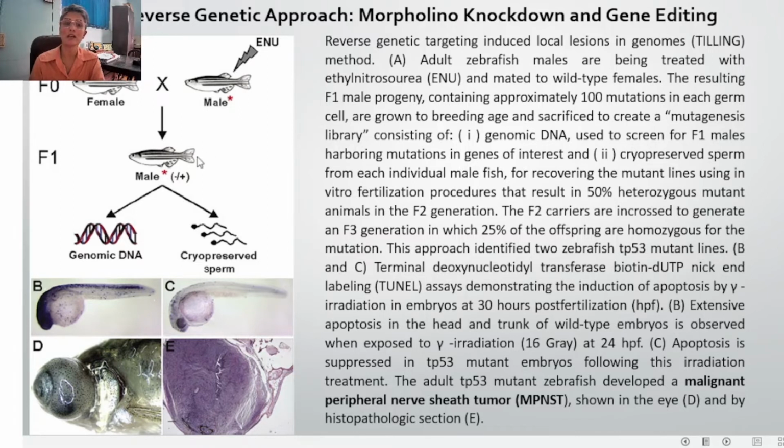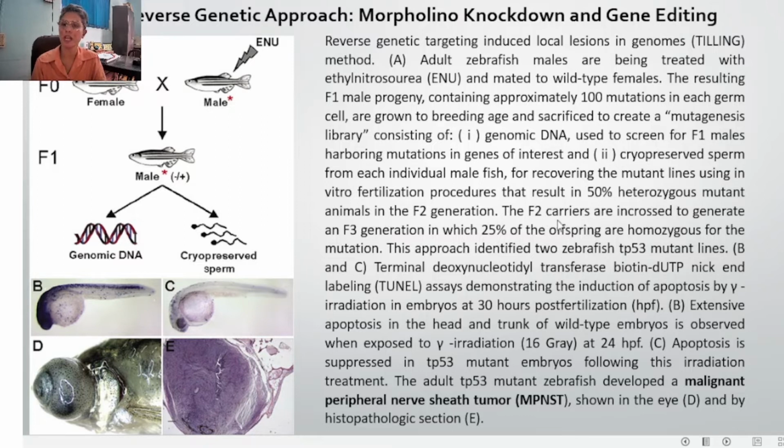And of course, the sperm from these males only will be cryopreserved for the future. In future, through in vitro fertilization, we can recover this particular mutant line using this cryopreserved sperm. So in this procedure, 50% of the animals in the F2 generation are heterozygous mutants.